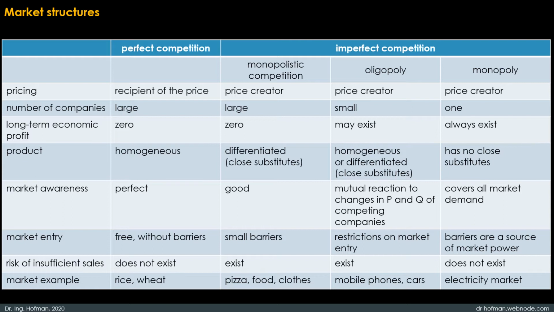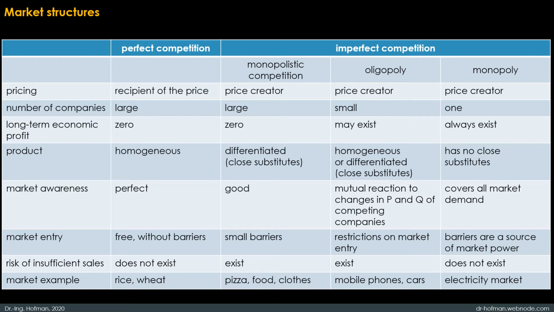Other criterion, number of companies. In perfect competition, we have a large number of companies on the market, similarly to monopolistic competition. But in oligopoly case, we have a very small number of larger companies. And in monopoly, we have one very large company. Third criterion, long-term economic profit is zero in perfect competition, so it is in monopolistic competition.